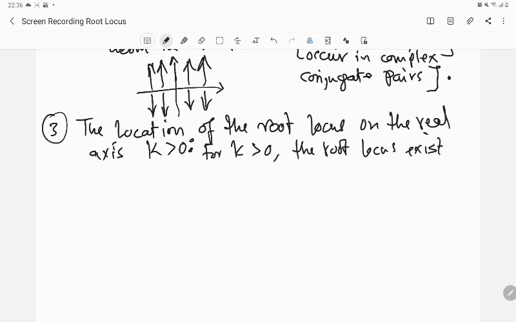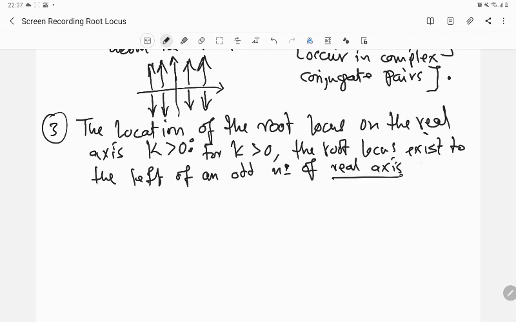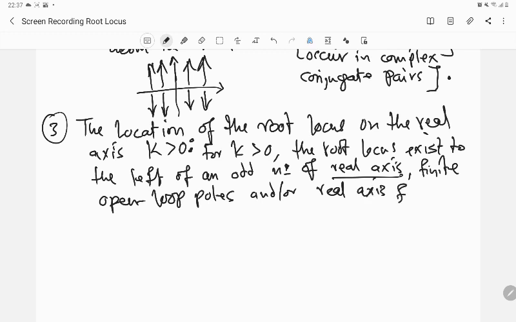exists to the left of an odd number of real axis finite open loop poles and/or real axis finite open loop zeros.